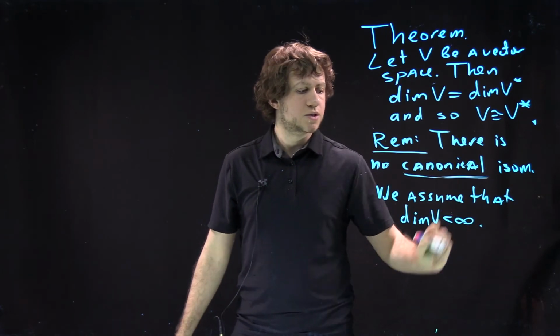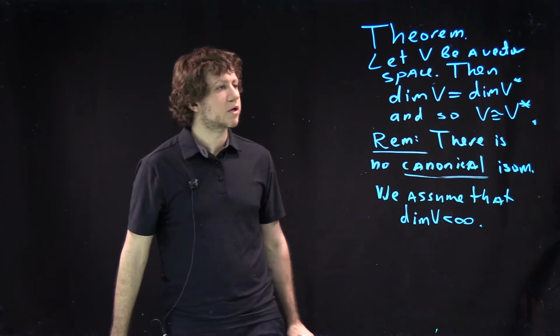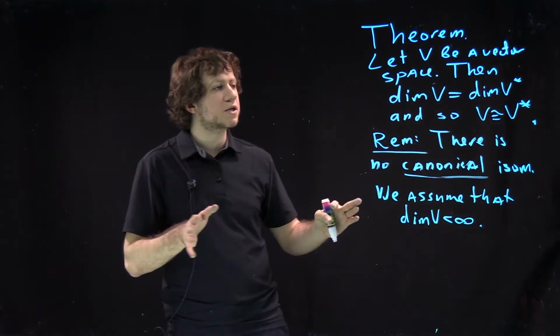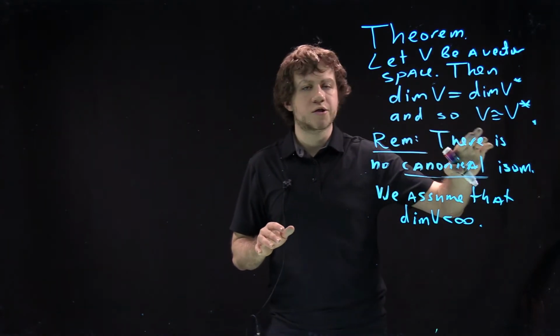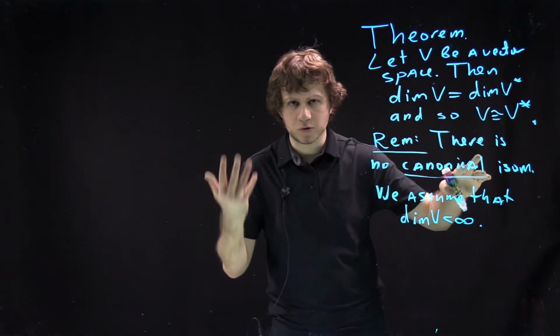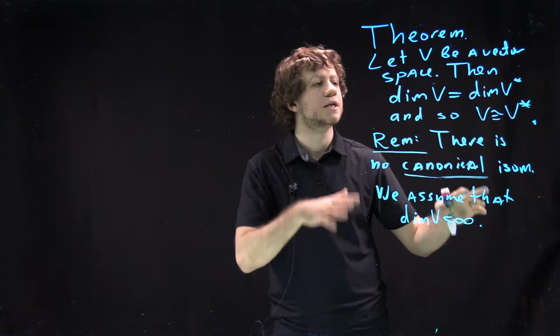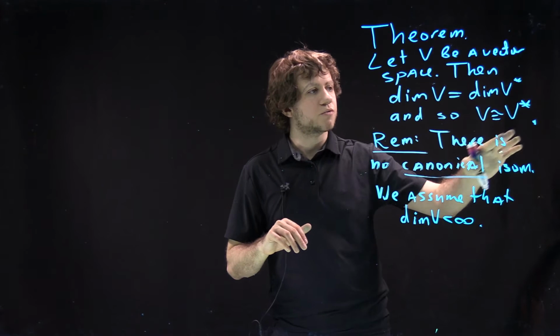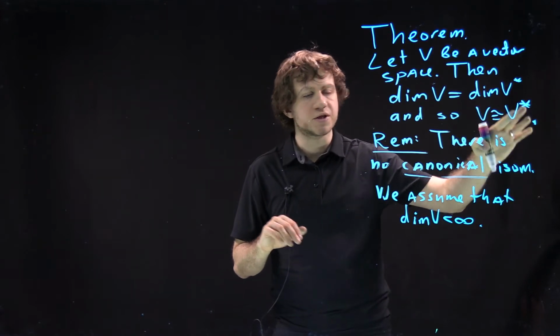Also, notice a little more advanced remark. When V is an infinite dimensional space, like all continuous functions and so on, usually it is not just a vector space, but what's called a topological space or metric space. It has additional structure, and then it might happen that there is no natural choice of such a map which is continuous.